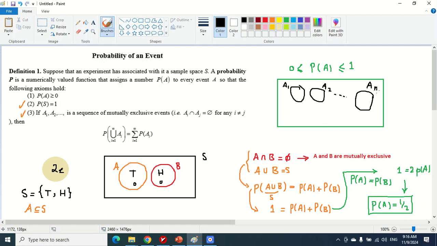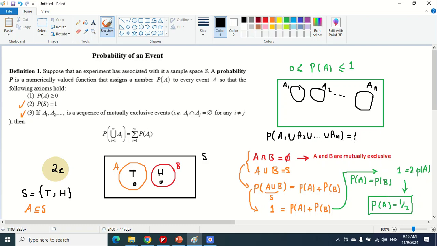Let us limit ourselves to the n cases. If you have disjoint events, then the probability of their union, that is, the probability of A1 union A2 union A3 up to AN, is the same as the summation of their probabilities.